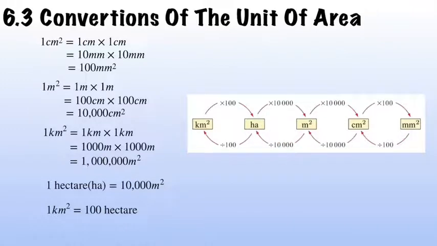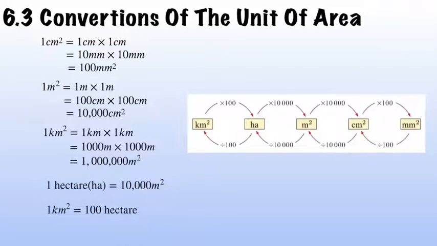Here, 1 km square equals 100 hectare, which means that while converting km square to hectare, we need to times 100. While converting back, we need to divide 100. So from km square to hectare, we need to times 100, right? From hectare to m square, we need to times 10,000.